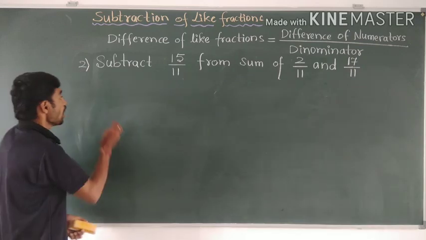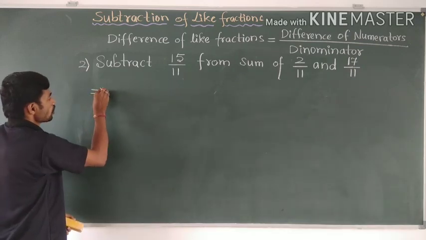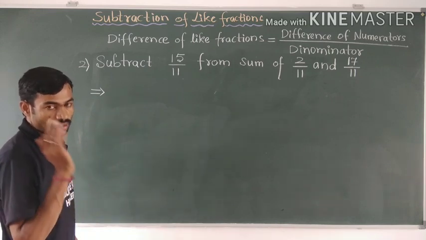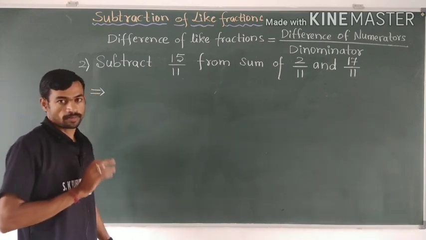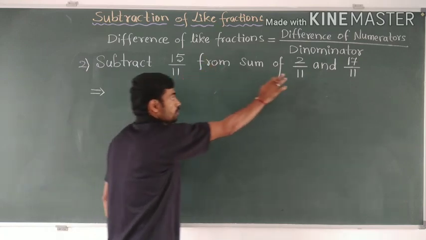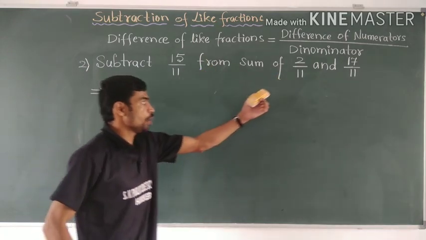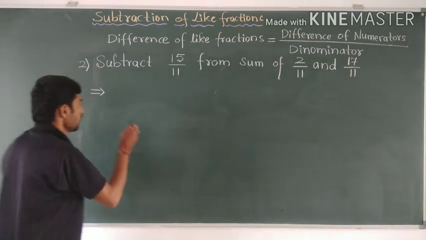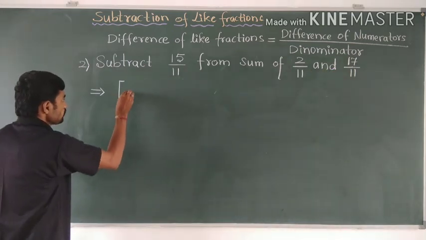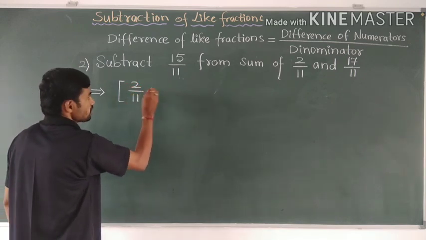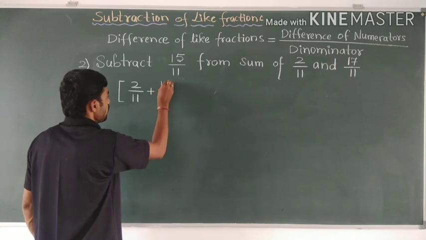So let us see how it is to be solved. You need to understand the question first. We have to subtract from the sum, so first we write the sum of these two fractions: 2 by 11 plus 17 by 11.